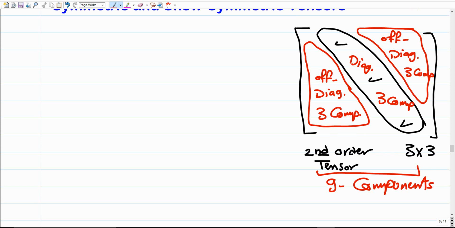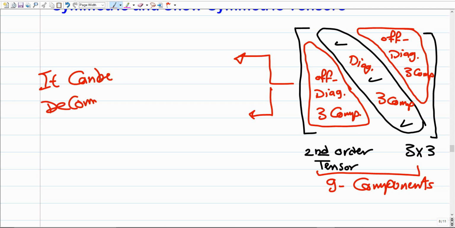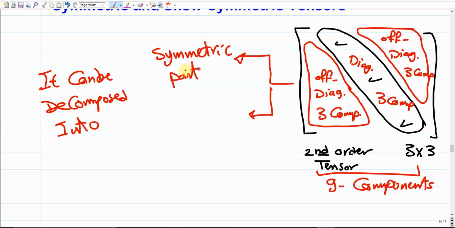But this tensor can be decomposed into 2 parts, into 2 tensors. Here we are talking about the second order tensor. It can be decomposed, or divided, into a symmetric part and a skew-symmetric part.